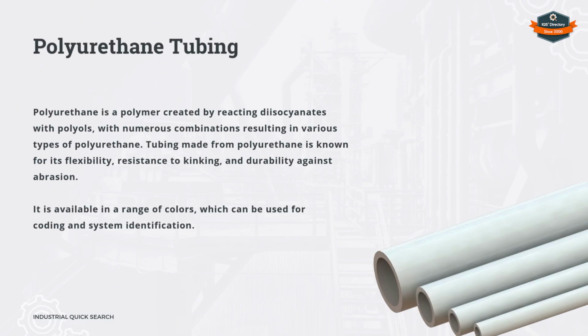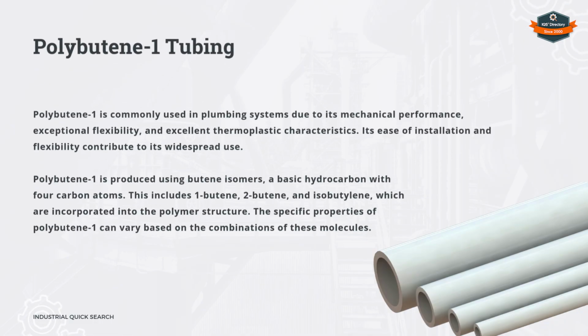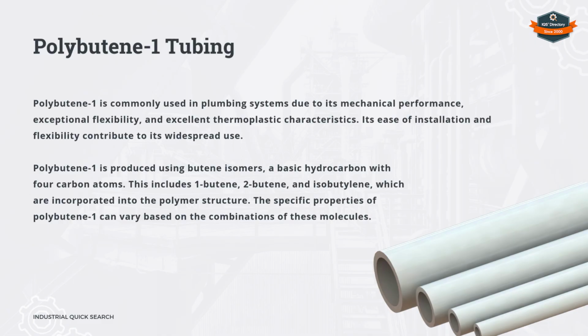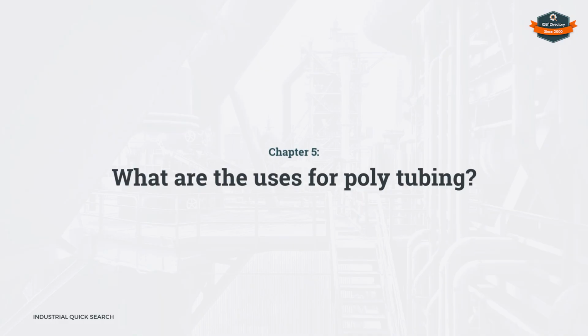Polyurethane tubing. Polybutene-1 tubing. Chapter 5. What are the uses for polytubing?